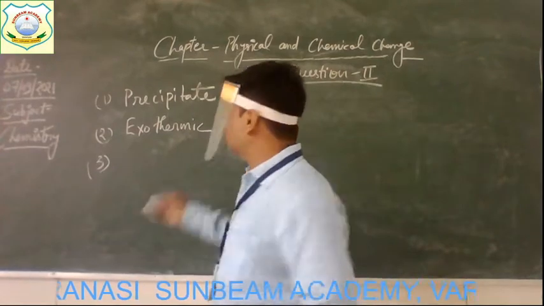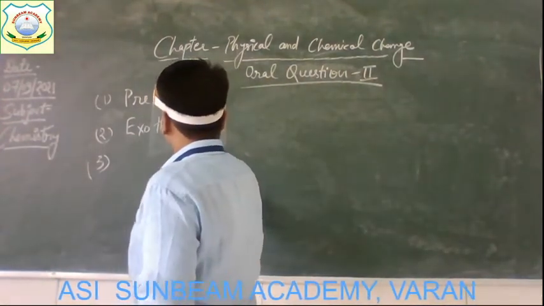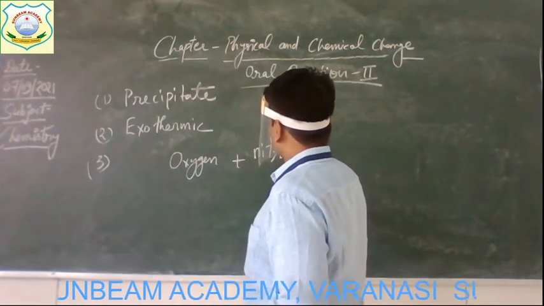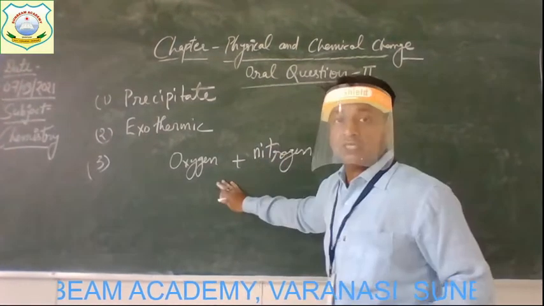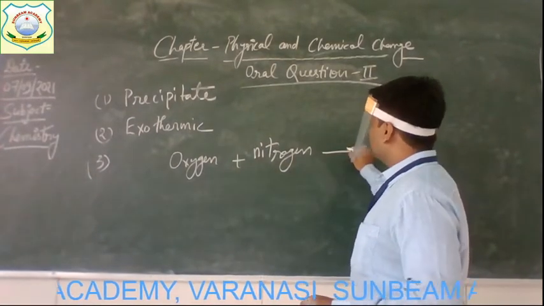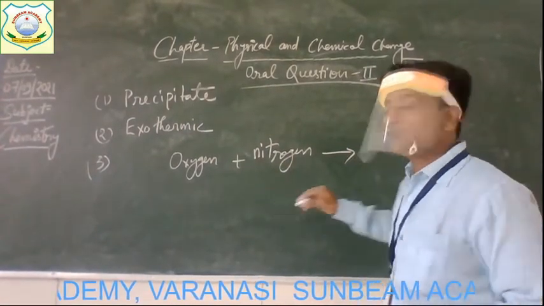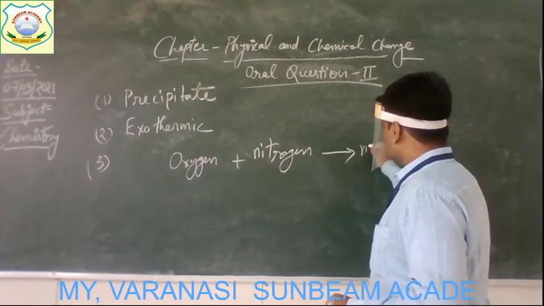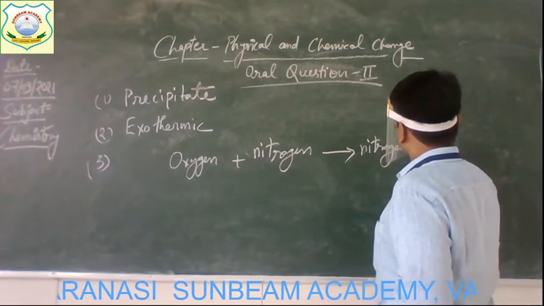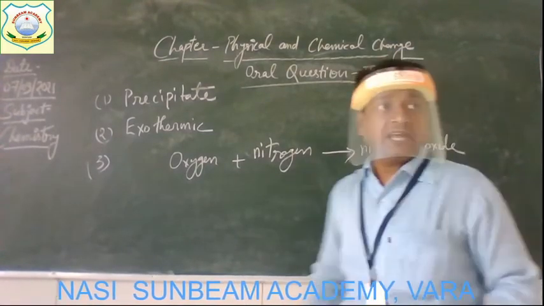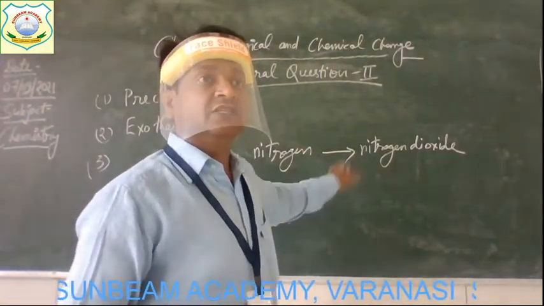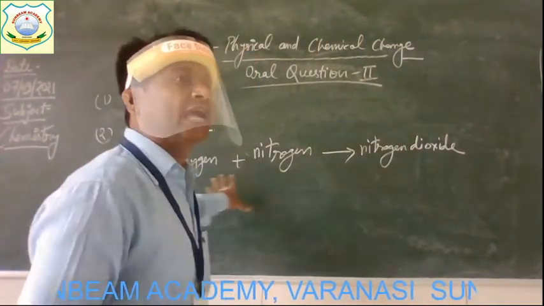Oxygen plus nitrogen. Nitrogen and oxygen together form nitrogen dioxide. Okay, so the question is, what type of reaction is this? You only have to name which type of reaction.